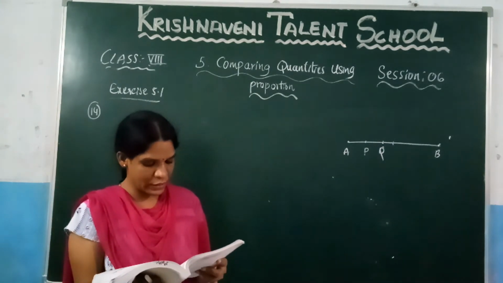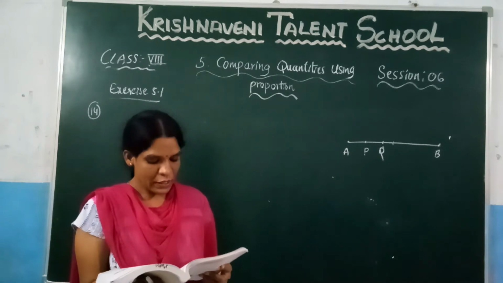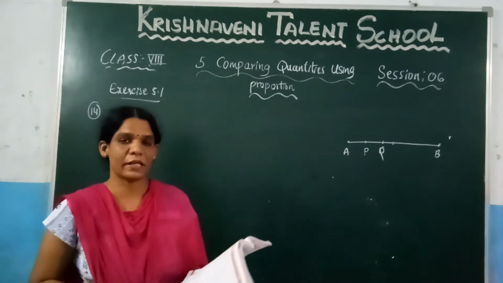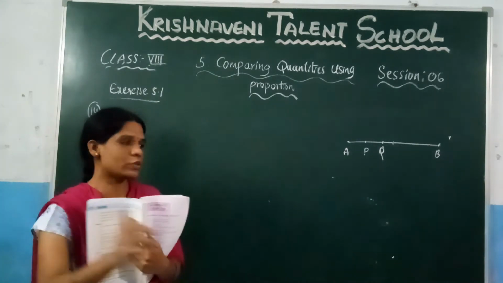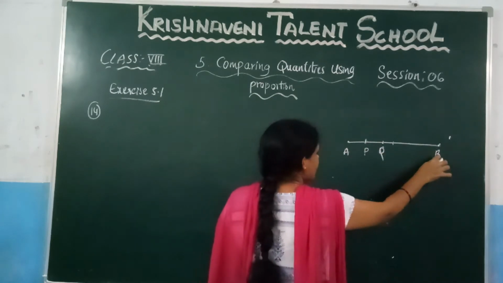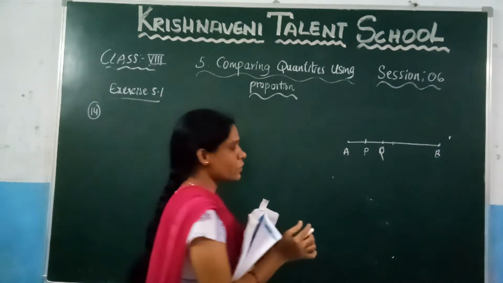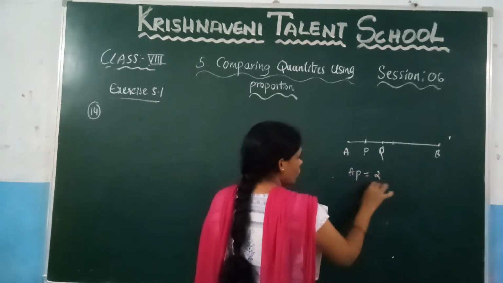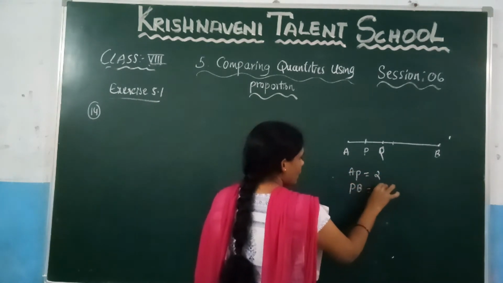Then what they have given here, P divides AB in the ratio of 2:3. This P is dividing this line segment in the ratio of 2:3. That means they have given here the AP length is 2 and the PB length is 3.